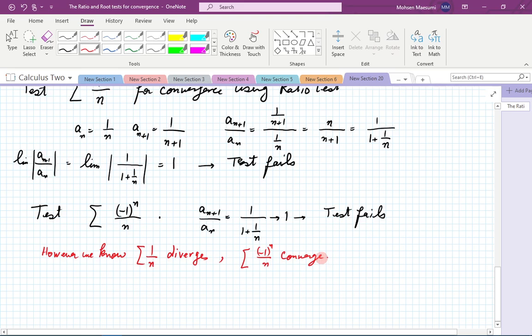Last time we said it's called conditional convergence. So we know what the result is from other tests. It's just that this one doesn't tell us any of that. Okay, let's go ahead.